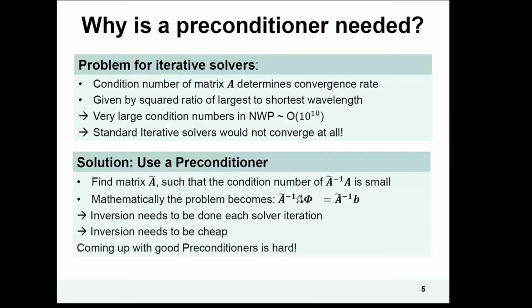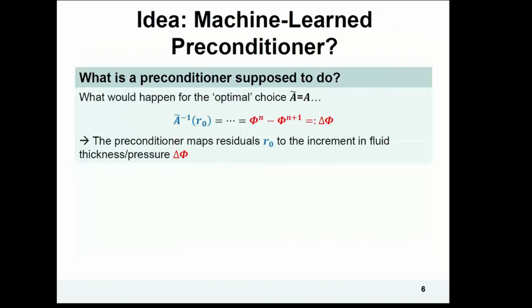And so mathematically you've got a new linear problem to solve. But the problem is that this inversion needs to be done each solver iteration. So the inversion needs to be really cheap because the overhead of the preconditioner needs to be added to the linear solver. So coming up with good preconditioners is really hard. And this is where this idea of machine learned preconditioners comes in.